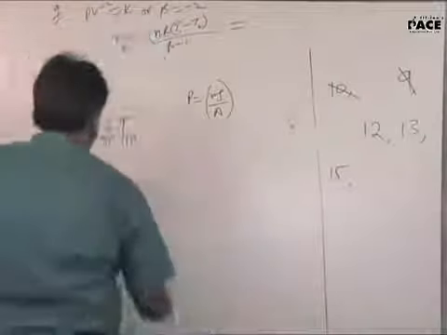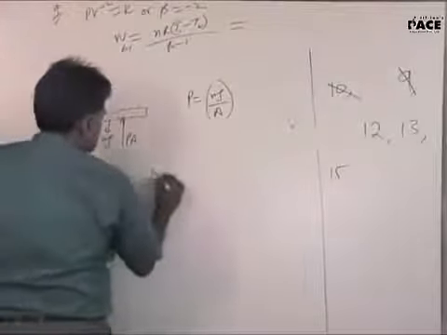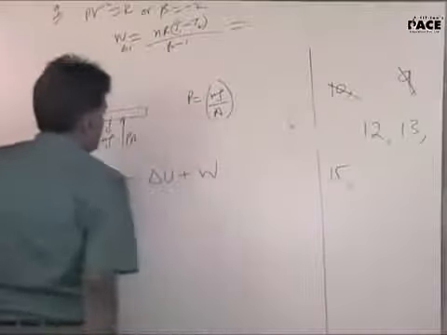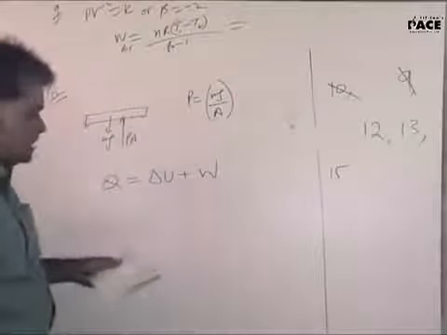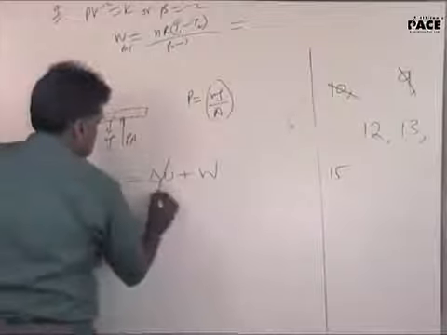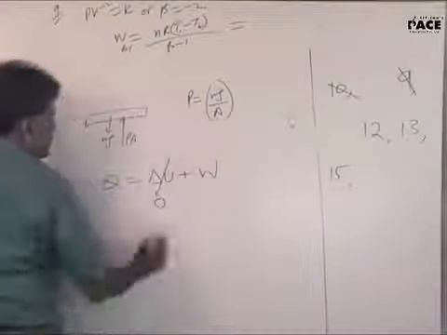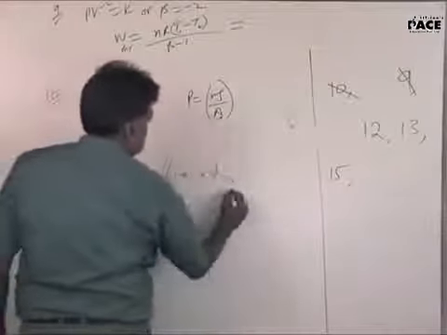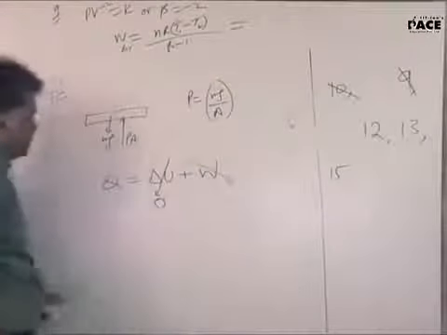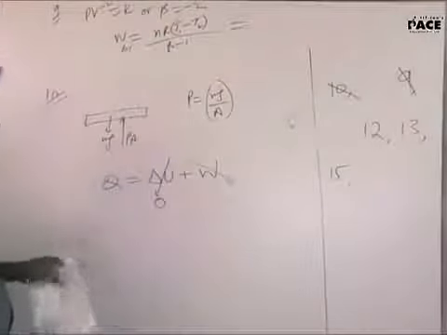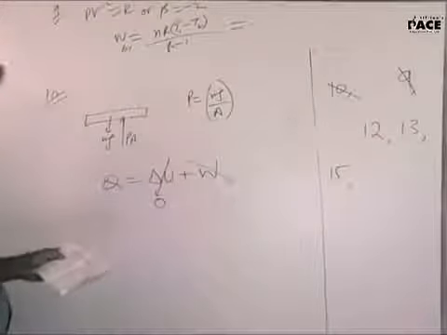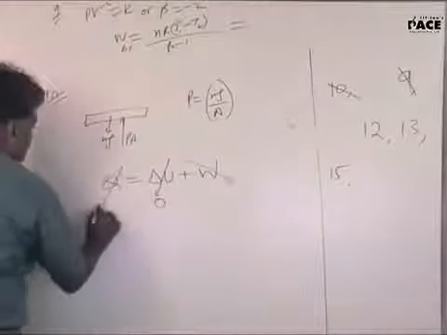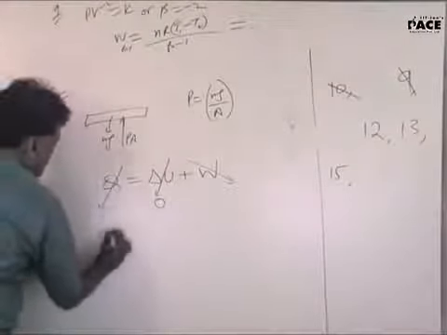So if you use Q equals delta U plus W, also we are saying the temperature remains unchanged, so delta U is 0. The work done will be the force into, what is the work done by the gas? That will be equal to, what is the heat produced? Heat produced is I square RT as a function of time.